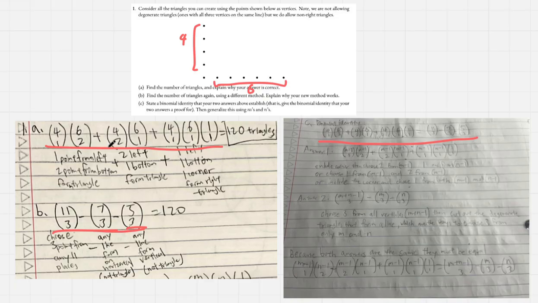And then the second way to form triangles is choosing 2 from the left and 1 from the bottom. Basically the inverse of what we did at the beginning.